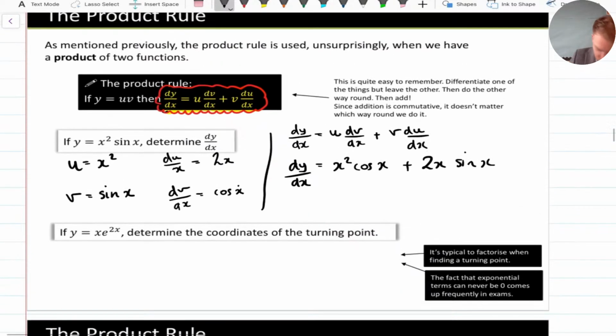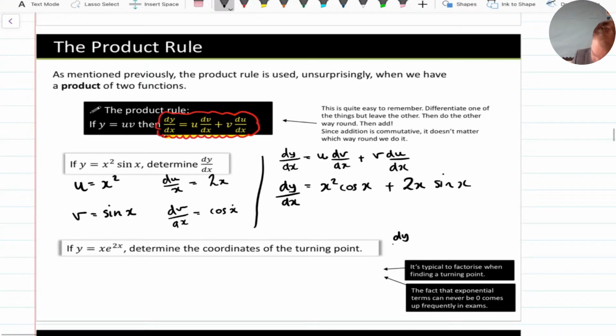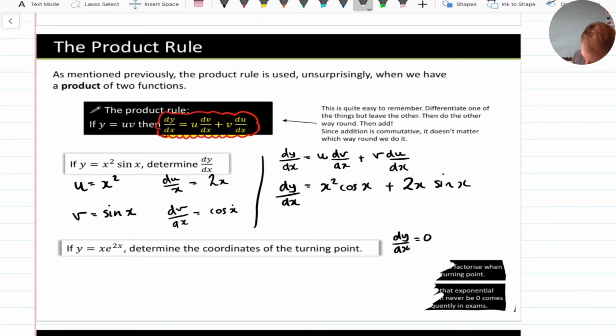So here, determine the coordinates of the turning point. Well, we know straight away a turning point is going to be when dy by dx is equal to 0. First thing I'm going to do is write down what u and v are. I can see that it's two things multiplied by each other, x times e to the 2x.